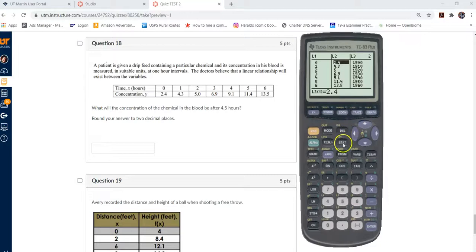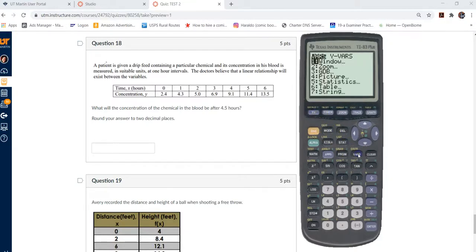All right, and I'll do stat, go to calc, and we've been told it's linear regression. I use list 1 and list 2, so I can just press enter. And so that's going to be my equation. So I'm going to go over to y equal.